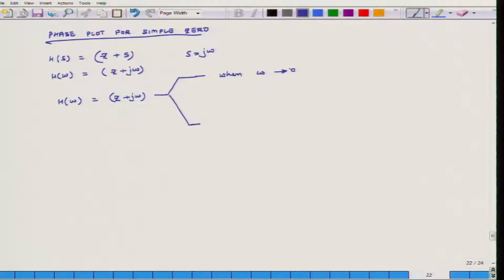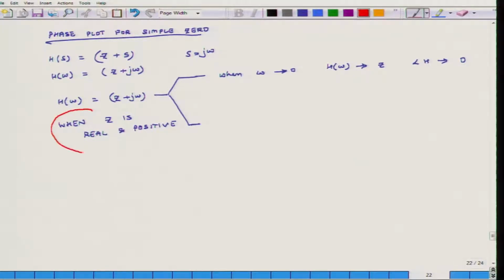So, when omega approaches 0, H of omega approaches z and the phase of H approaches 0 radians, because omega is tending to 0. So, it has only a real component, the imaginary part is 0. This is for the case when z is real and positive.